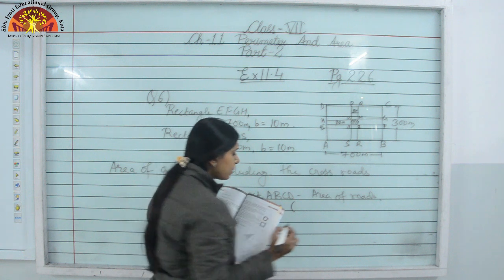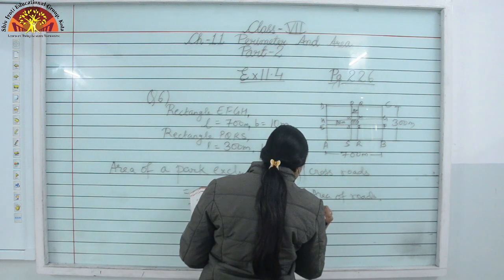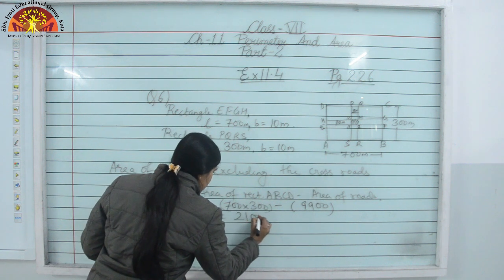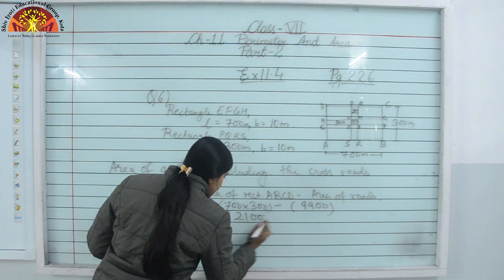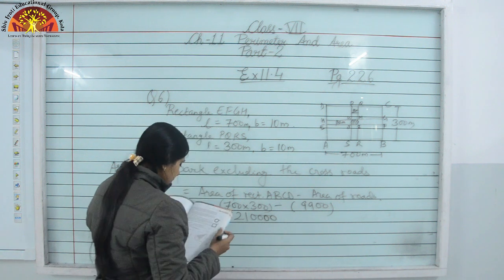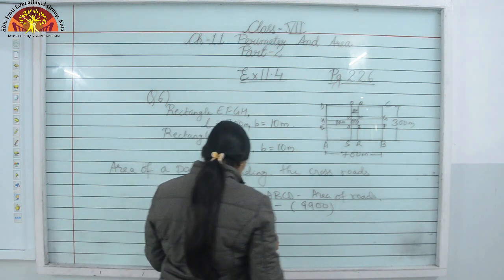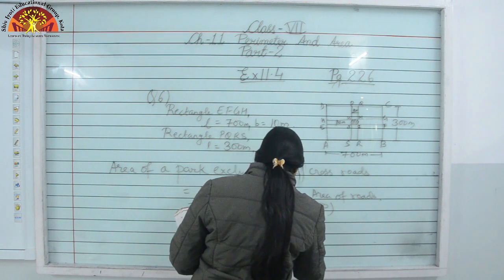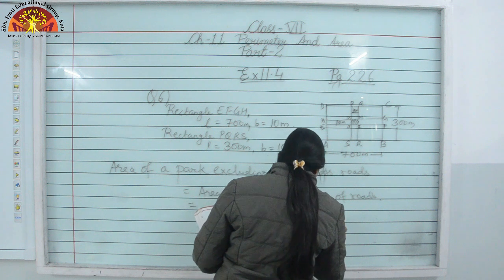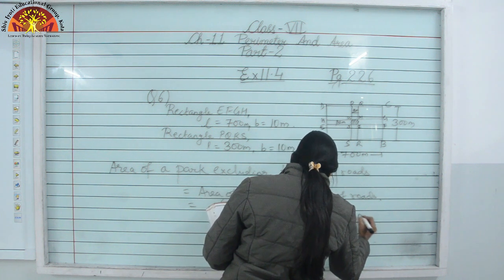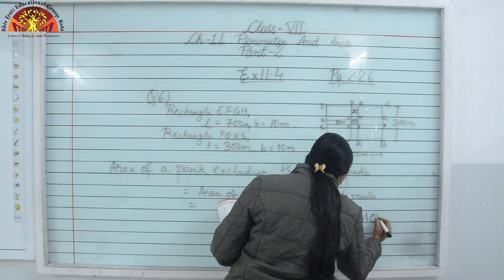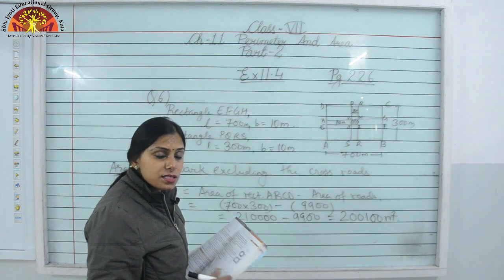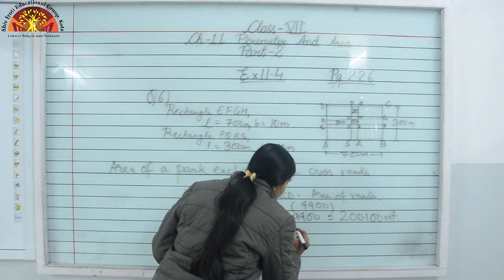Area of the roads कितना आया था हमारे पास? That is 9900. Okay, so 700 into 300 is 2,10,000 minus 9900, which comes out to be 200,100 meter square. Now you have to answer it in hectares, so again you will just divide it by 10,000.